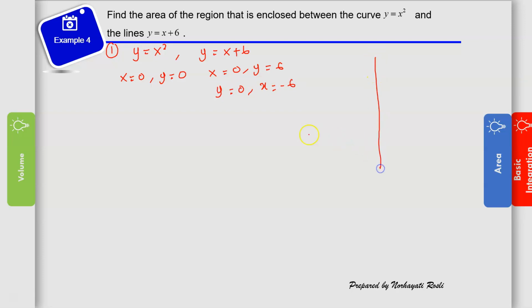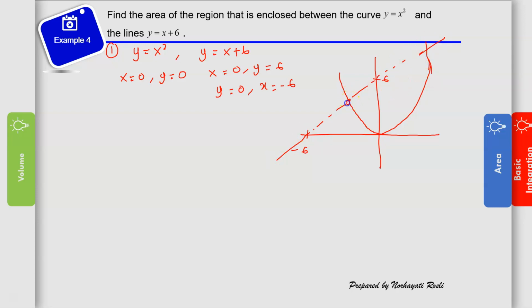We can plot the first function, a quadratic function that touches 0, 0. And then y equal to x plus 6 is just a straight line, which has a y-intercept of 6 and an x-intercept at negative 6. That means we have this kind of straight line graph.